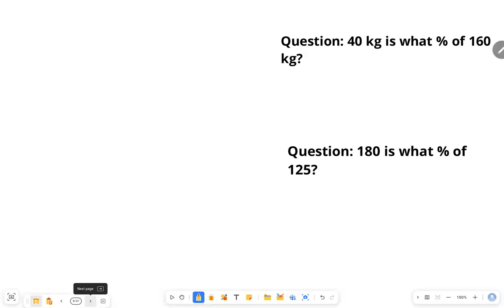So the question is saying: 40 kg is what percent of 160 kg. This is very simple and basic.